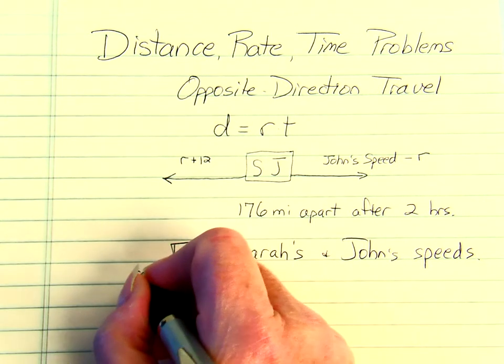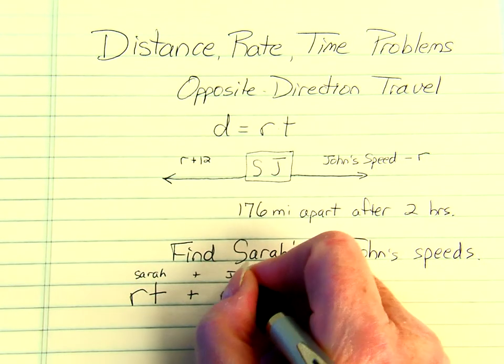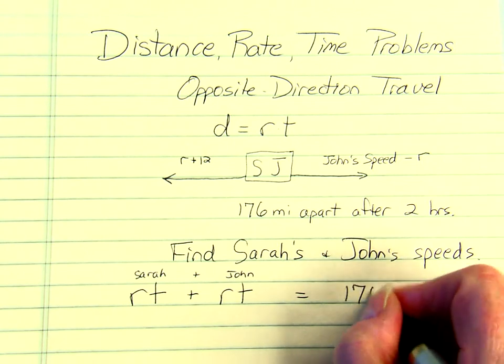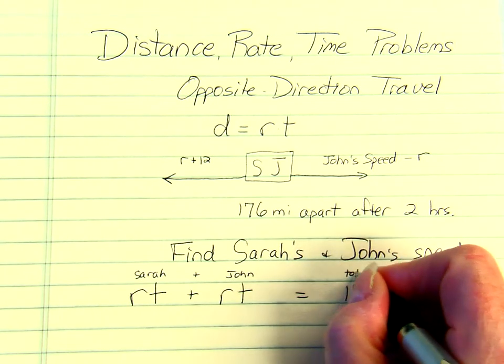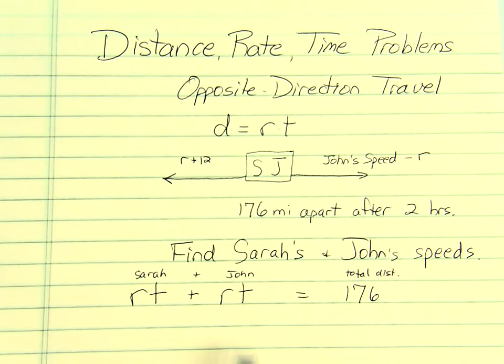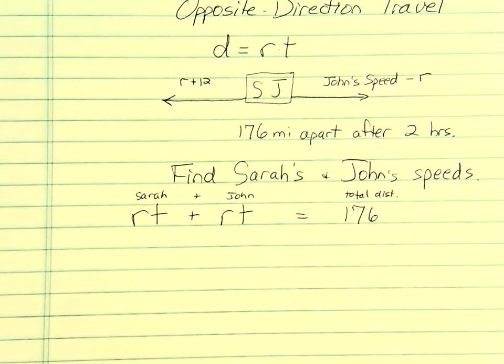Here's Sarah, here's John, equals the 176. This is that total distance. So here I've got a different setup, and that's kind of what you've got to look at when you are solving these problems.